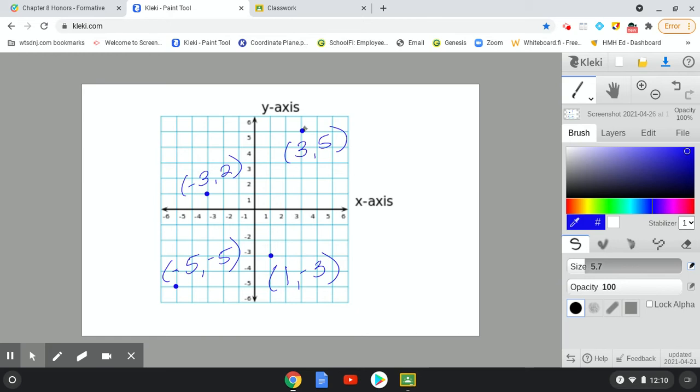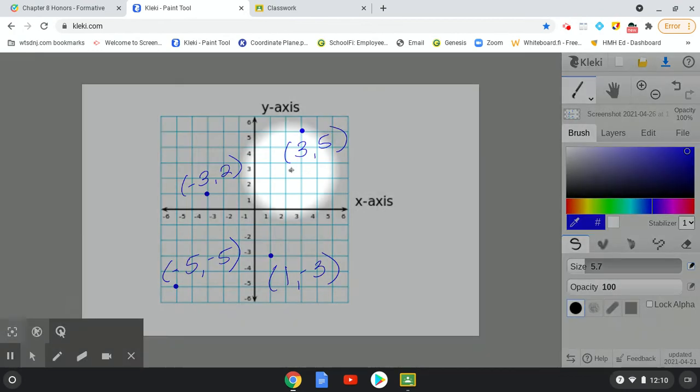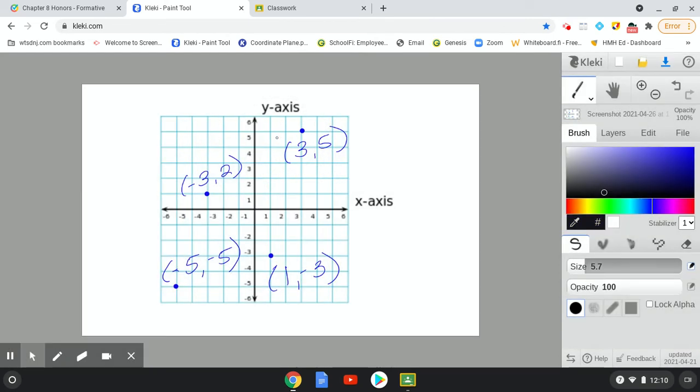So if you notice, a coordinate that lands in quadrant 1, which is right here, both my x and my y-axis are positive, which makes sense because in order to get a point plotted in quadrant 1, starting at my origin, I go right to a positive number and I go up to a positive number. So all ordered pairs that land in quadrant 1 would be positive, positive.